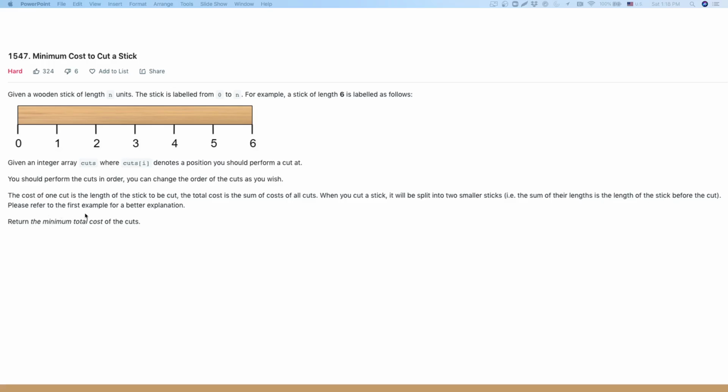If you read this question, my understanding is this is identical to burst balloon with one caveat. In burst balloon, the value you get is by multiplying the neighbors. Now in this case, we are looking for the minimum one. So that's the first thing.